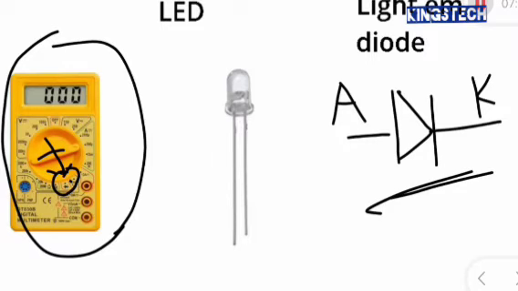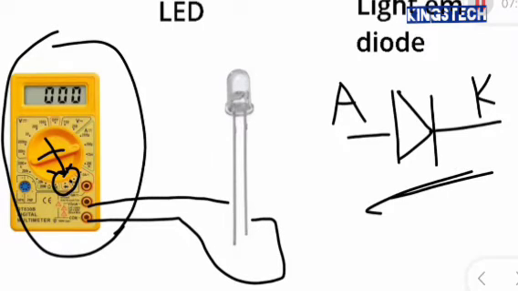Then plug in your probes. This is negative to here, then the positive to this place. Once you do it like this to test the diode, it should light up.